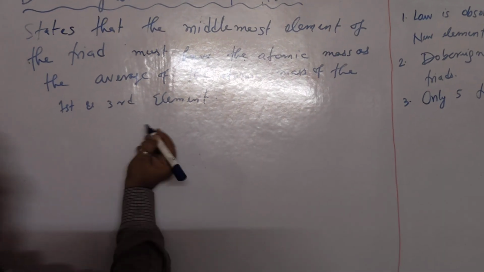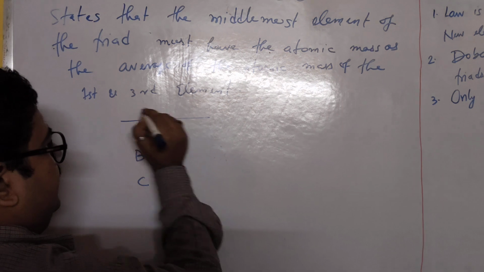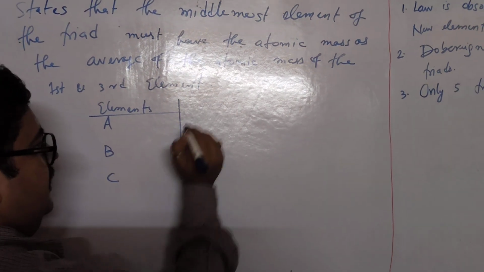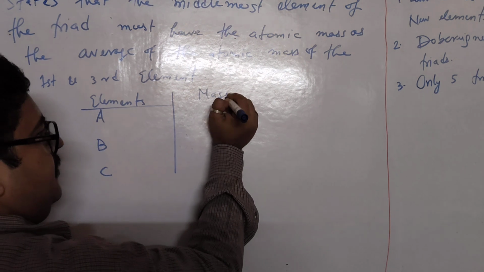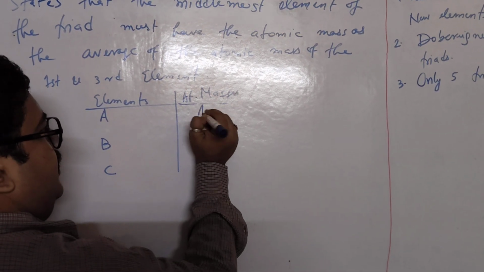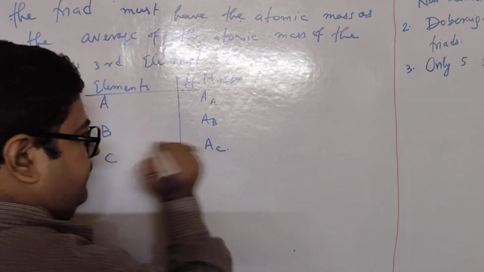Suppose you have three elements A, B and C. These are the elements, and you have their atomic masses as AA, AB and AC.